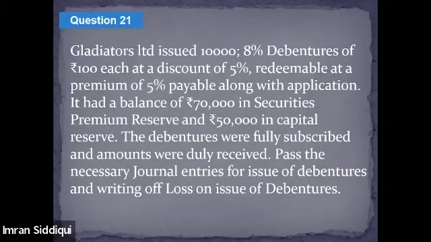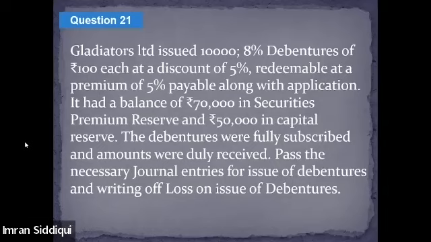Done, sir. Okay, done. All right, Prerna. So please confirm the entries. Bank account debit to debenture application and allotment account 9,50,000. Yes.